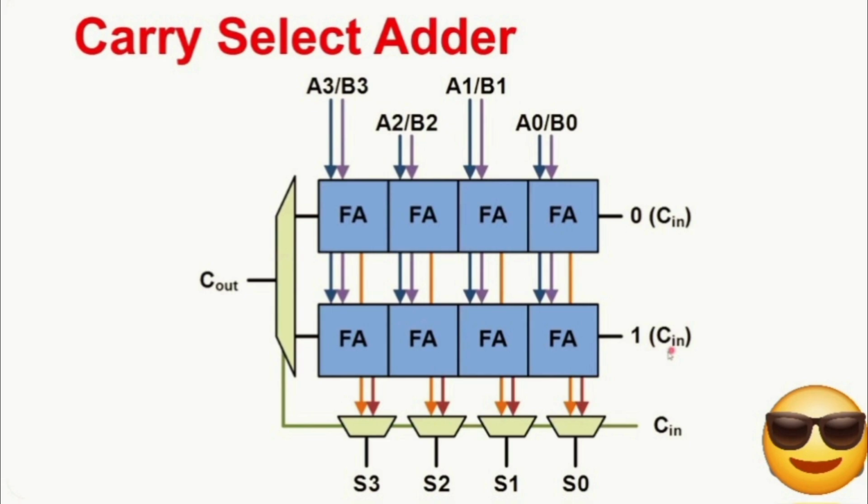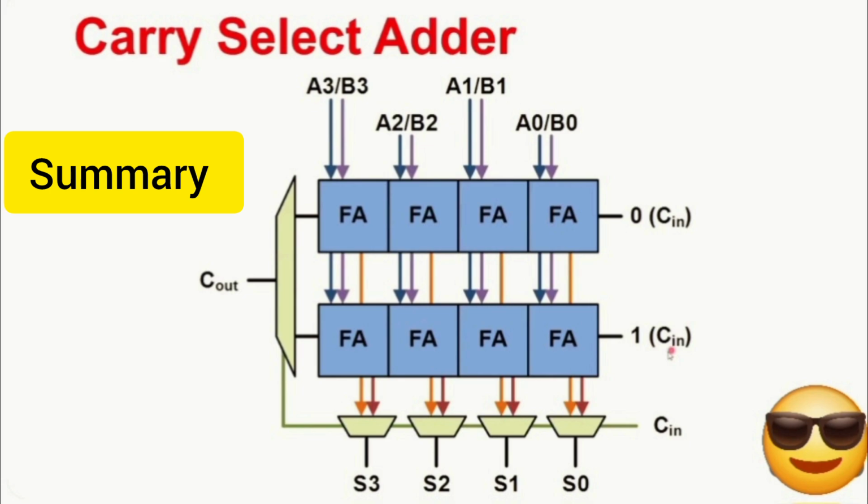The carry select adder solves the carry propagation bottleneck not by computing carry faster, but by eliminating the wait for carry entirely. By pre-computing both possible outcomes in parallel and using a multiplexer to select the correct result the instant the actual carry is known, it converts a sequential delay into a parallel computation followed by a fast selection.